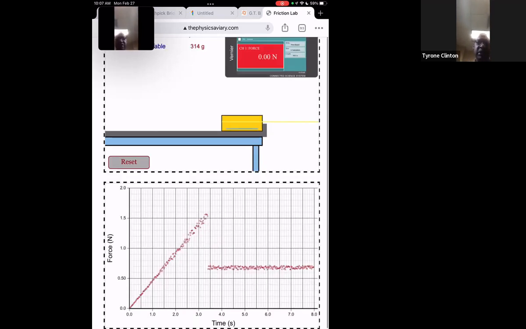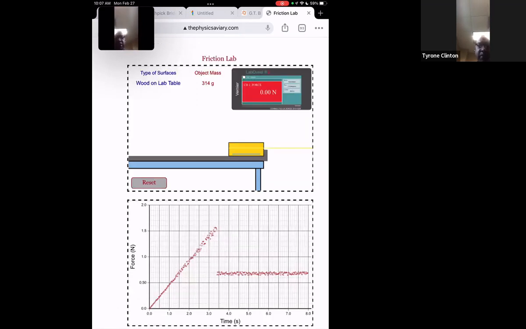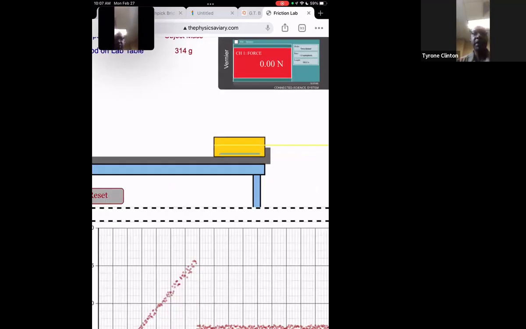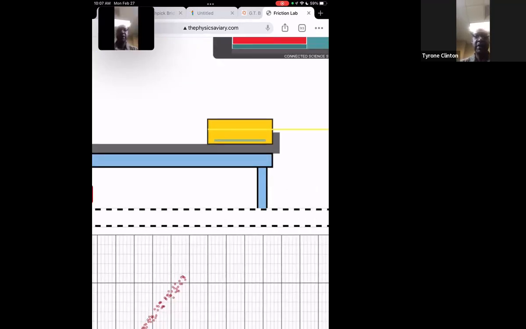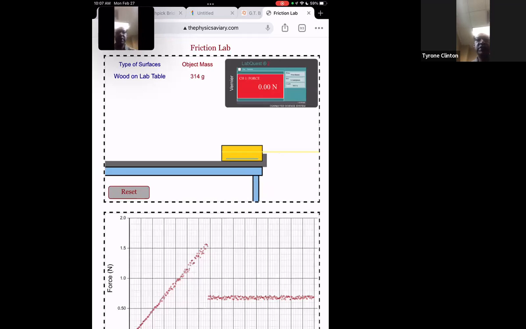So time really isn't all that important. What is going to be important is the maximum amount of static friction that the surface is exerting on the object. So pay attention to that. Okay, and then you're going to want to follow the directions here for that was part 2. Let me pause for a second here, and then I'm going to switch over to the second simulation.